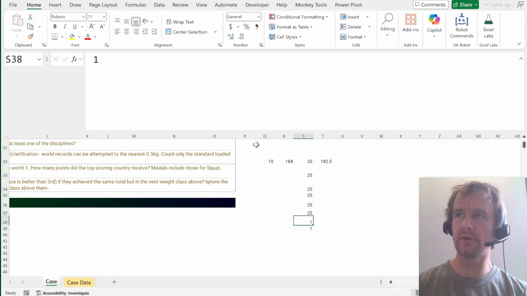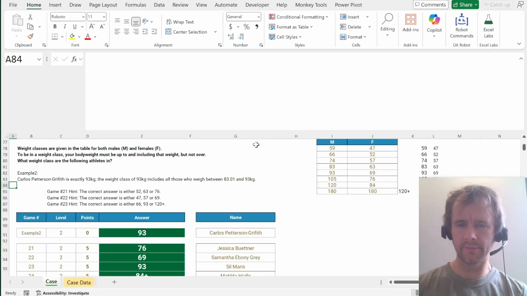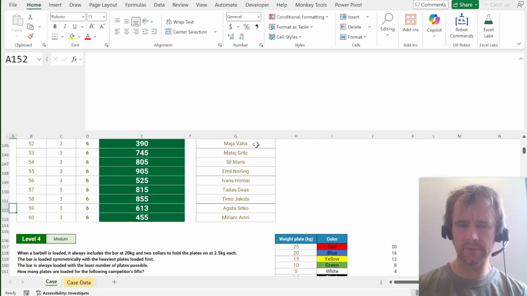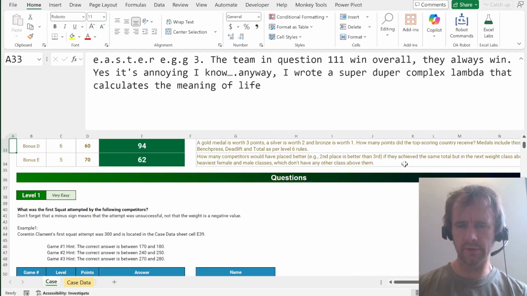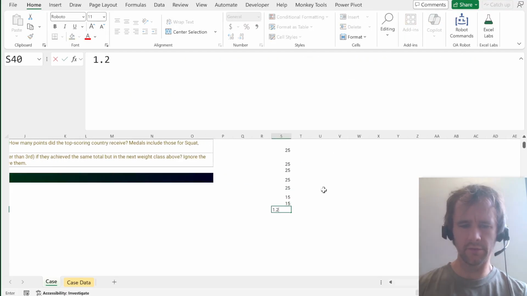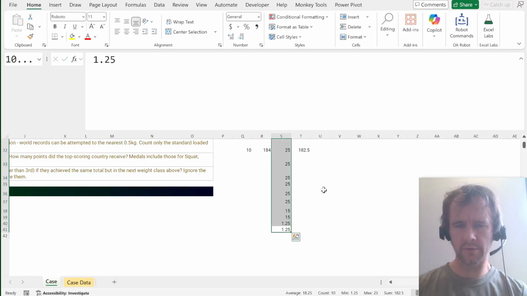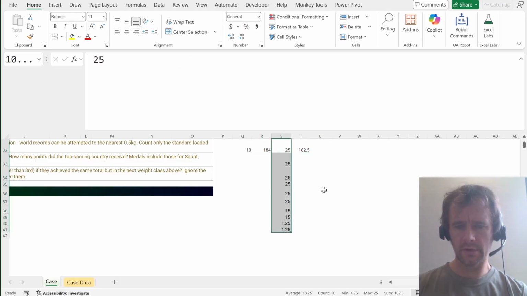Then we need another 34. What the heck are the weights again? No, that's not them. This is them. 34s, we'll do 2 15s, and then we can do 2 1.25s, I think. So 15, 15, 1.25, 1.25. That comes to 182.5, which is what that gives. And that gives a total of 10 plates.